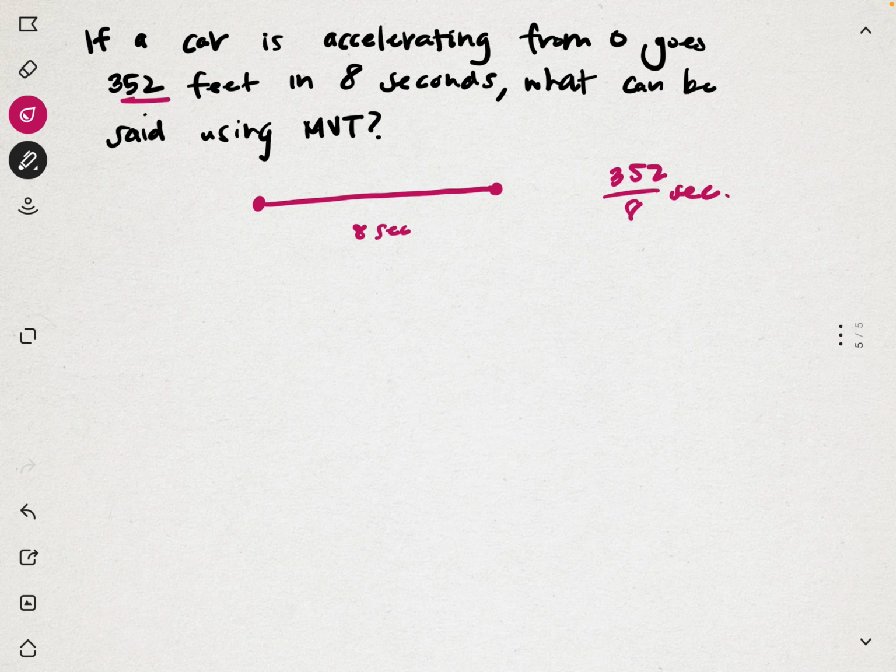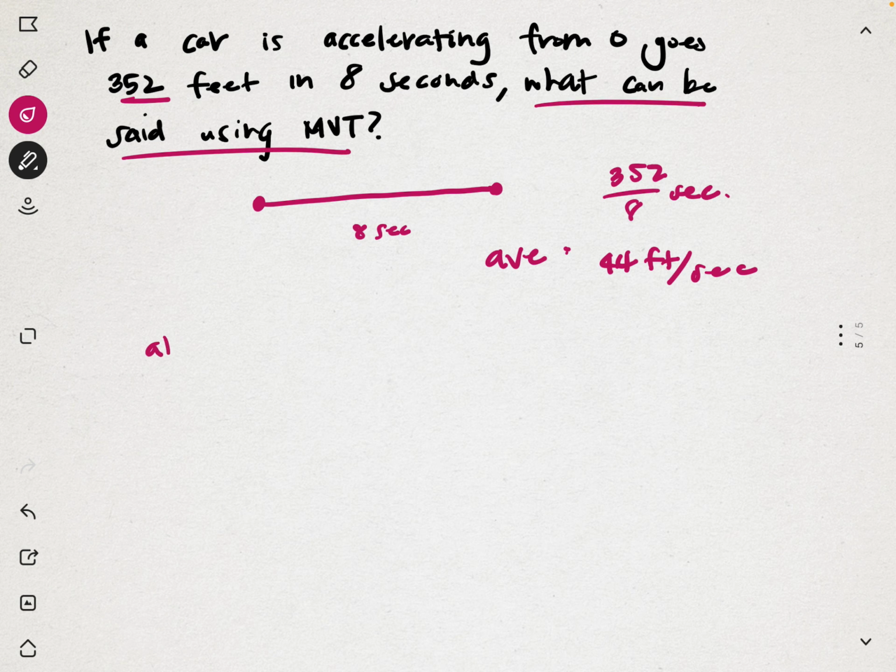And then I guess we can divide that. So 352 divided by 8. Let me get a calculator. It is 44 feet per second. And this is our average, right? So the thing that it's asking us is what can be said using MVT.